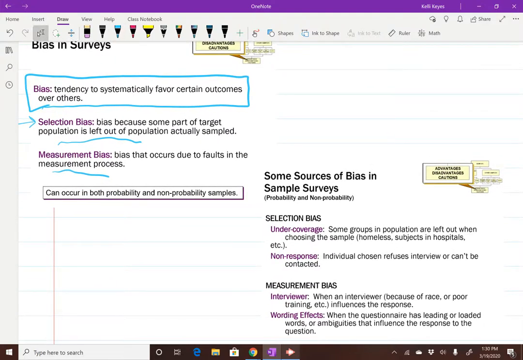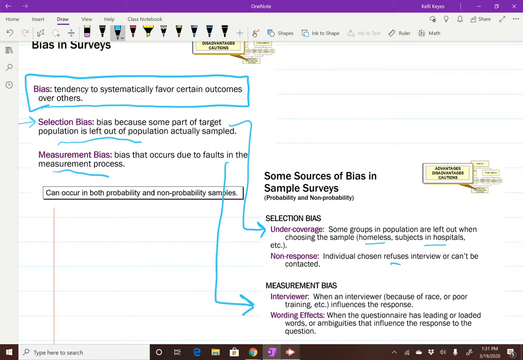So when you are doing selection bias, this is tied to this right here, okay? So there's groups like if you go around to homes to survey, then you have the homeless, you have those that are in hospitals that are not included. If you have those that just refuse to answer, right? Have you been one of those that if you get a phone call for a survey, you refuse to answer? Well, there's your non-response, right? And then the measurement bias goes here.